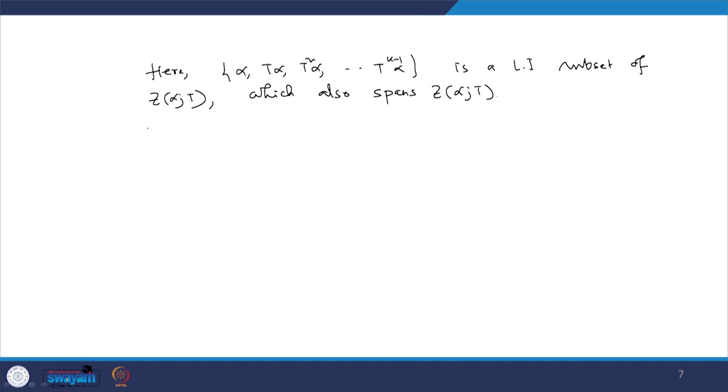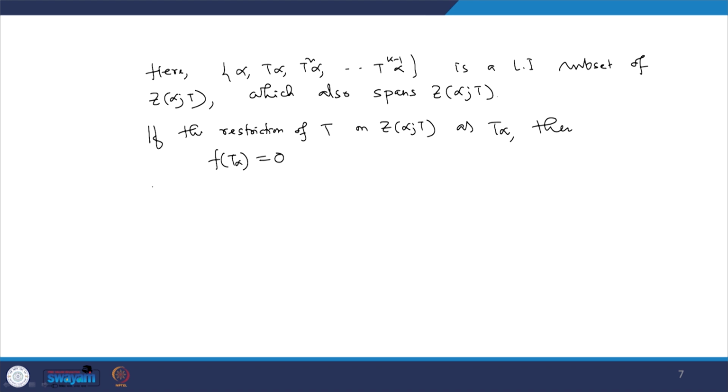In particular, if I denote the restriction of T on Z(alpha; T) as T_alpha, then f(T_alpha) equals 0.